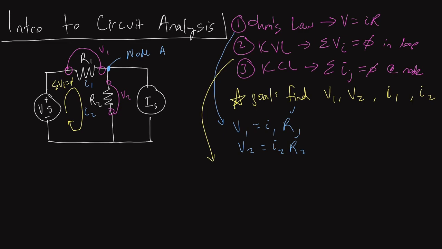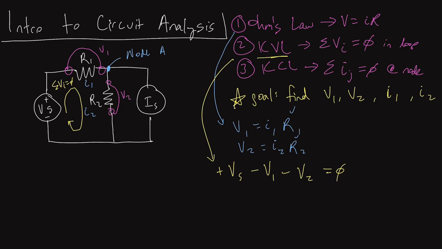Really what that tells us is that we are adding in the voltage source V sub S, and we are losing voltage going over resistor 1, and we're also losing voltage over resistor 2, and that has to sum up to 0. That is a key thing to make note of in our derivation from Kirchhoff's voltage law.